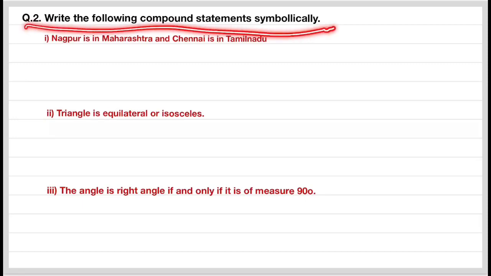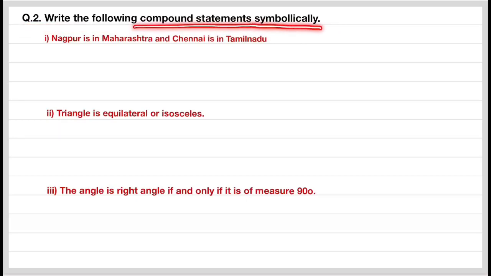Question number 2. Write the following compound statements symbolically. Which compound statements are we seeing? Conjunction, disjunction, negation, implication and double implication.